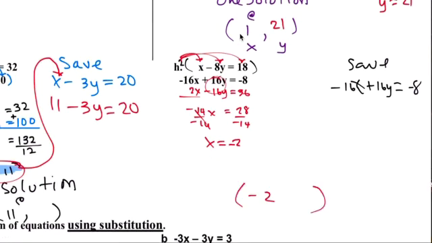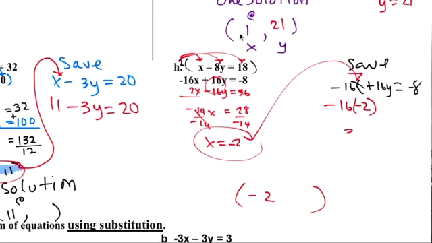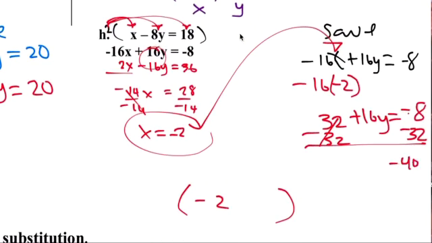Negative 2, and to put this in, put it in there, negative 16 times negative 2. You get a positive 32 plus 16y equals negative 8. Subtract 32. You get negative 40, 16y.